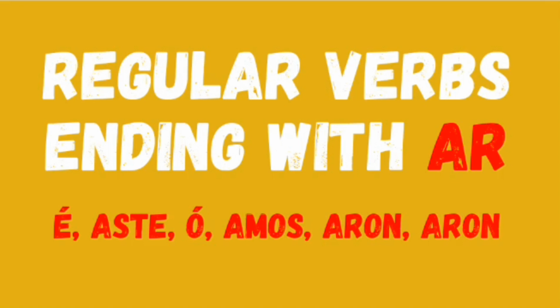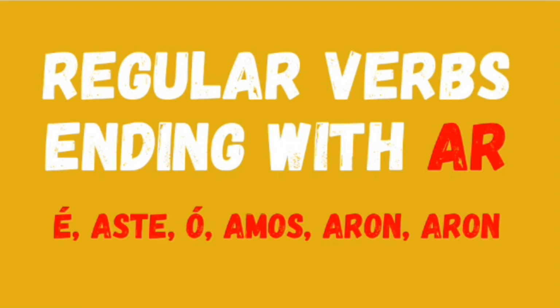Now, if you have the personal pronouns he, which means él in Spanish, she, which means ella, it, which means eso, then your regular verb is going to end with the letter O with an accent, ó. Third personal pronouns.